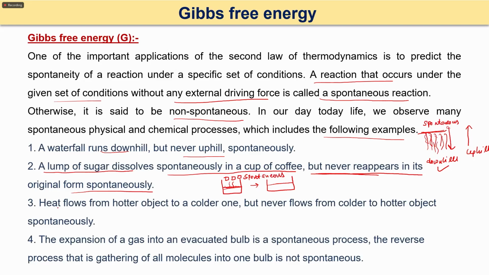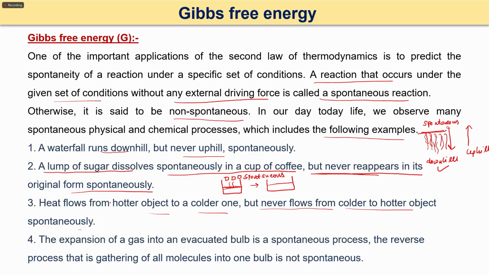Let us look at another example: heat flows from a hotter object to a colder one, but never flows from a colder to a hotter object spontaneously. This was also the statement of Clausius: it is impossible to transfer heat from a cold body to a hot body without expenditure of work.